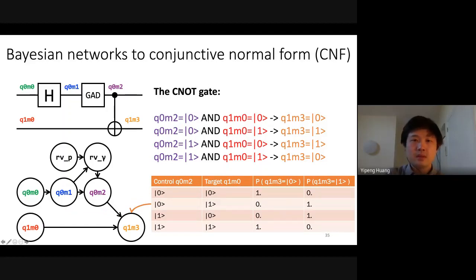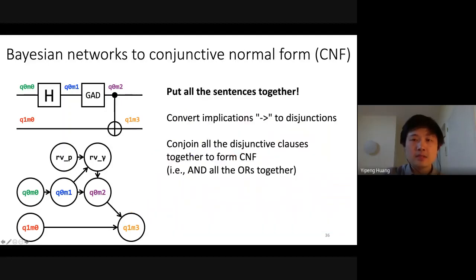And we're going to do that for all the nodes in the Bayesian network. And we're going to take all of those clauses that outline the rules for how each of those nodes work, and we're combining them by conjoining all of those clauses together and turn them into one gigantic CNF.